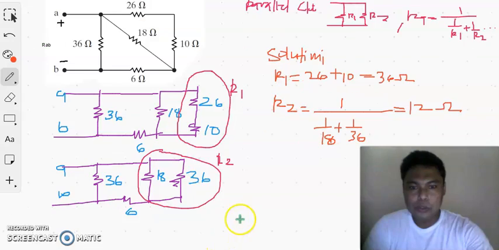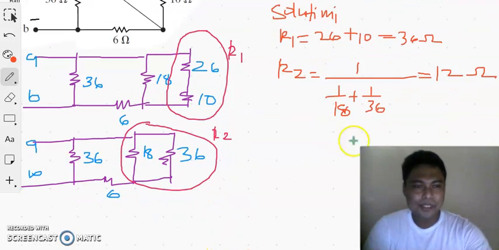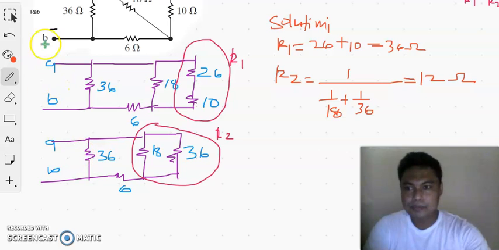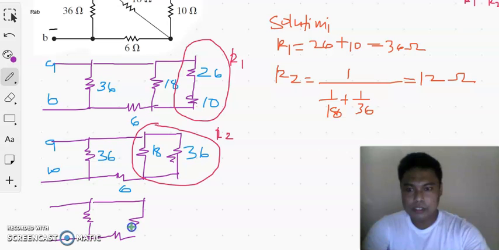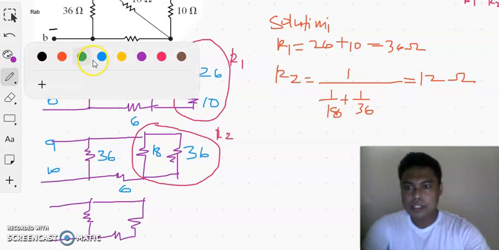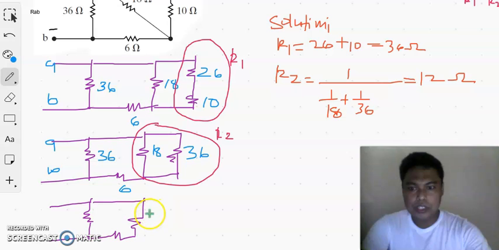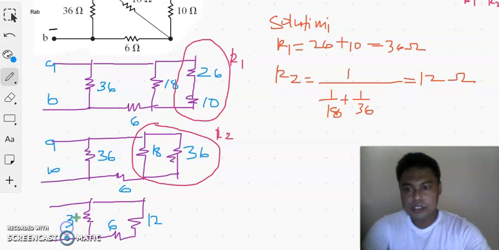And then we're going to read through again the circuit to make it simpler, easier to understand. Okay, this is 6, and so this is R2, so this is 12 ohms, and this is 6, this is 36, this is EB.